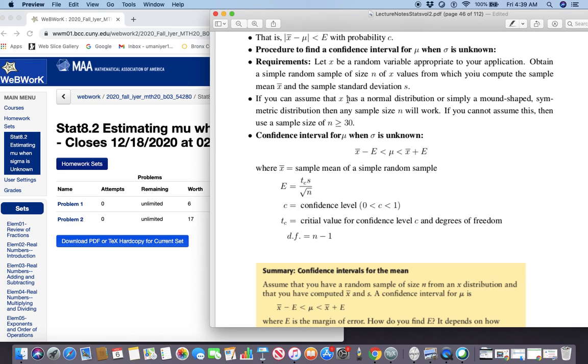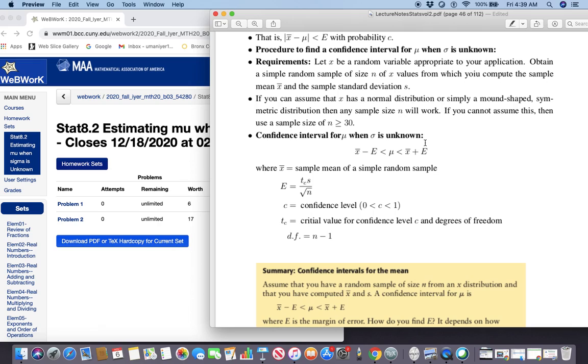If we can assume that x has a normal distribution or simply a mound-shaped symmetric distribution, then any sample size n will work. If we cannot assume this, then use a sample size of n greater than or equal to 30, at least 30. The confidence interval for mu when sigma is unknown is x bar minus E, x bar plus E.